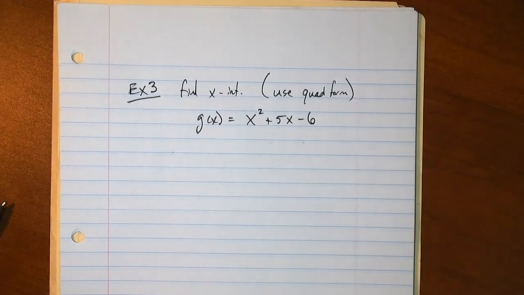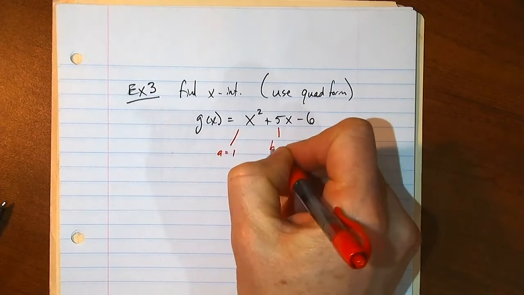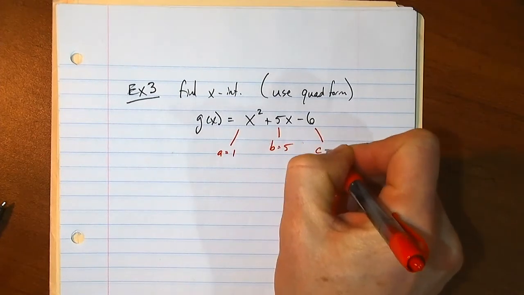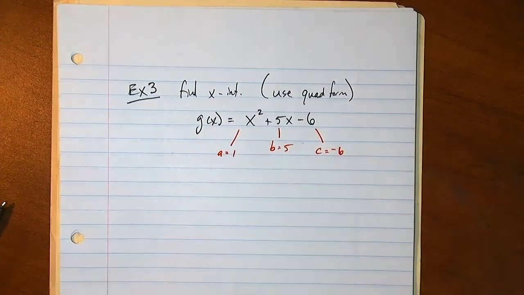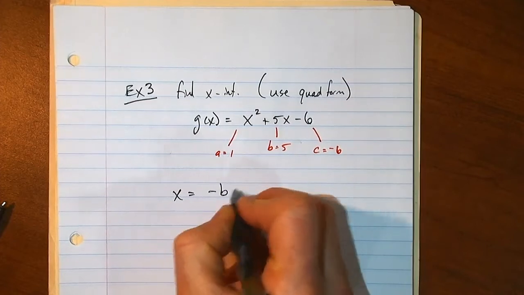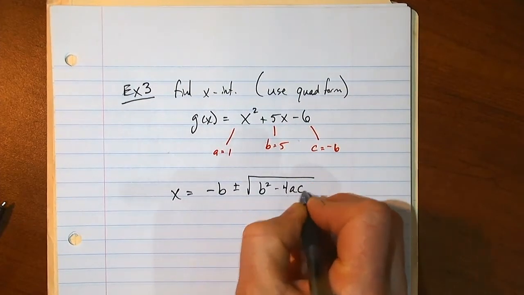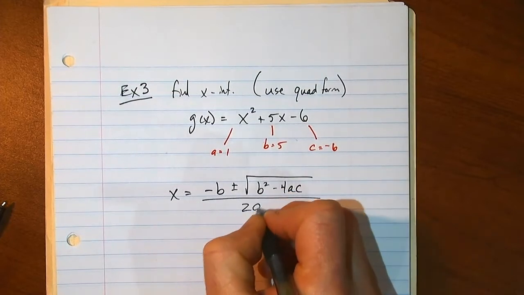Okay, so with the quadratic formula, the first thing we had to do was find a, b, and c. And then we recognized that our formula said that the x-intercepts will be the opposite of b plus or minus the square root of b squared minus 4ac, all divided by 2a.